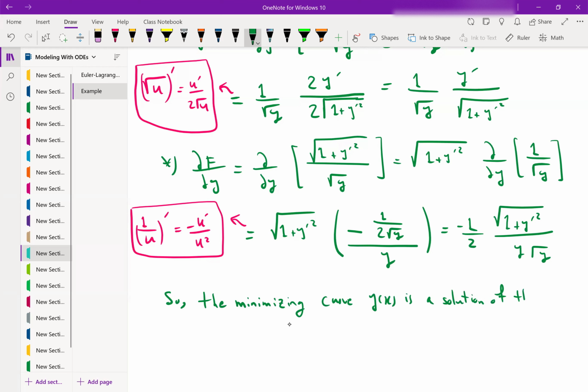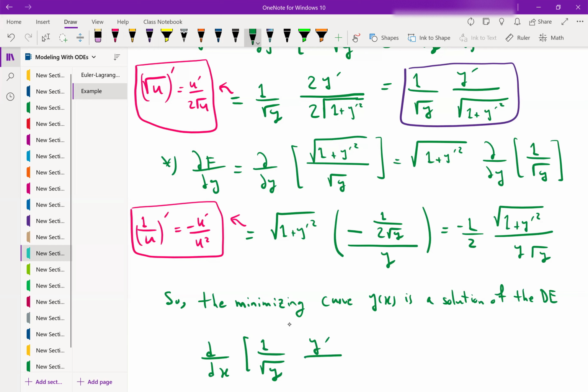The minimizing curve, I mean the least time function y of x, is a solution of the differential equation: d dx of partial f partial y prime. Here is partial f partial y prime, so d dx of 1 over the square root of y times y prime over the square root of 1 plus y prime squared must equal partial f partial y.